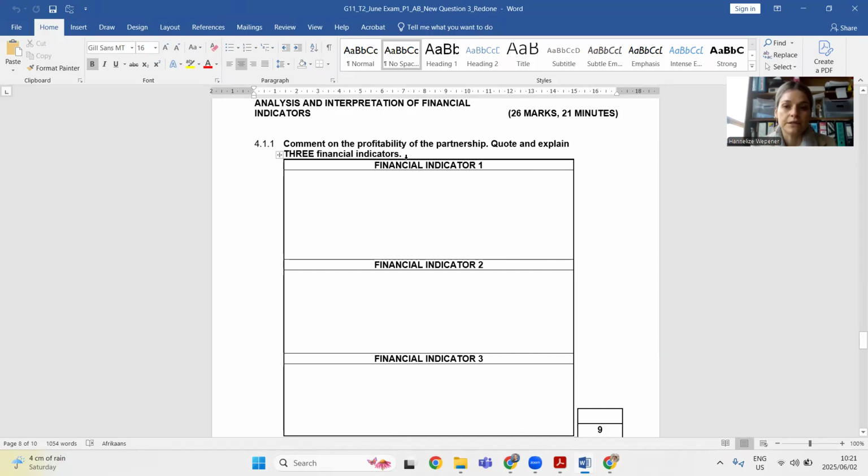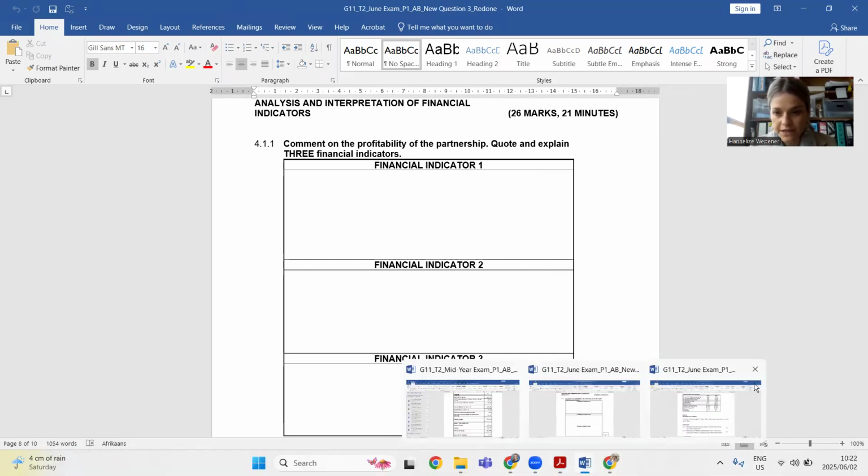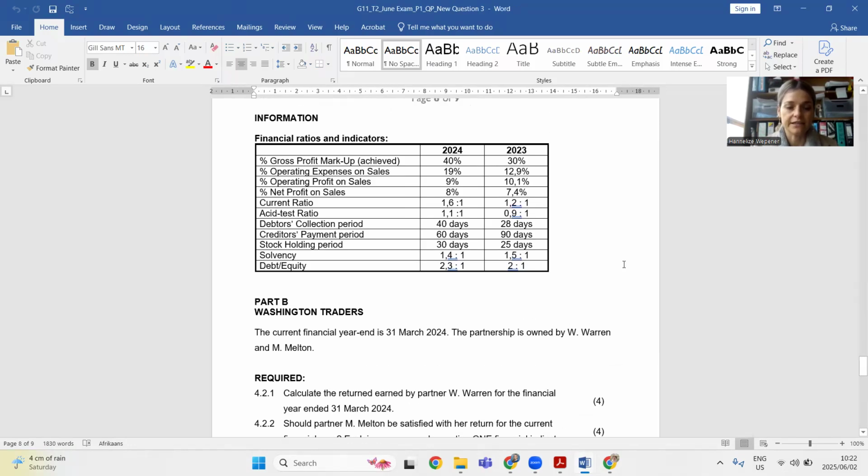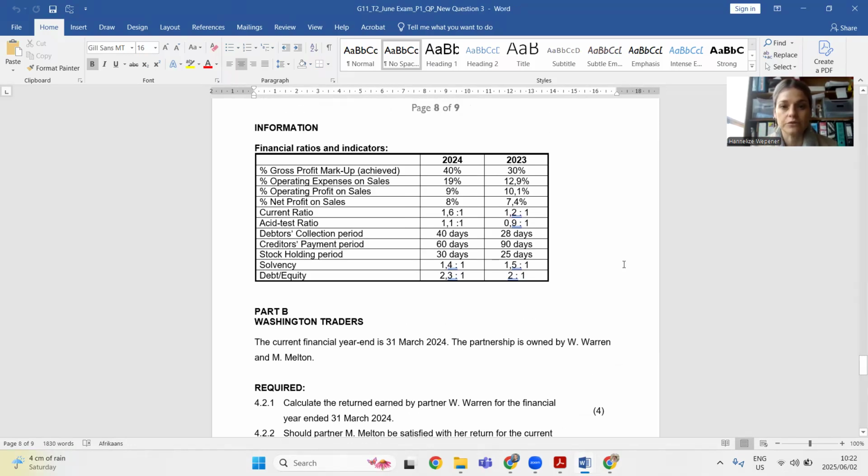So they want us to quote and explain three financial indicators for profitability. That means we have to go to the information provided and first identify which of these ratios can be used to comment on profitability.